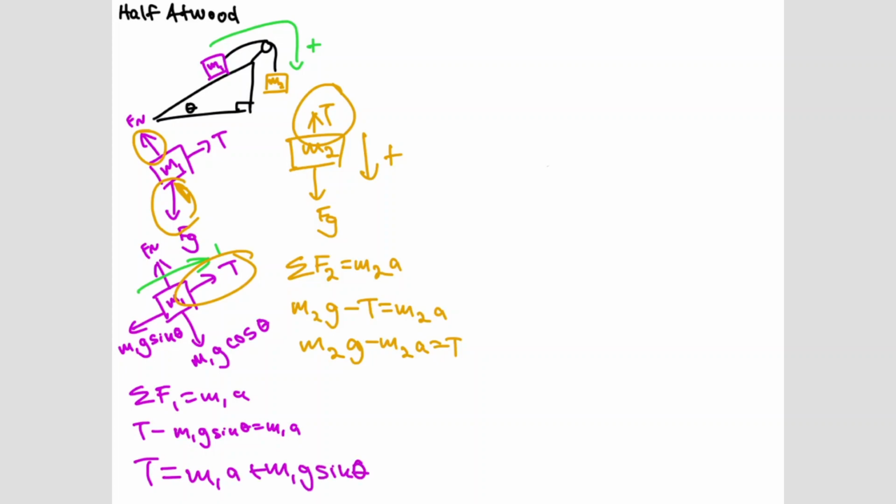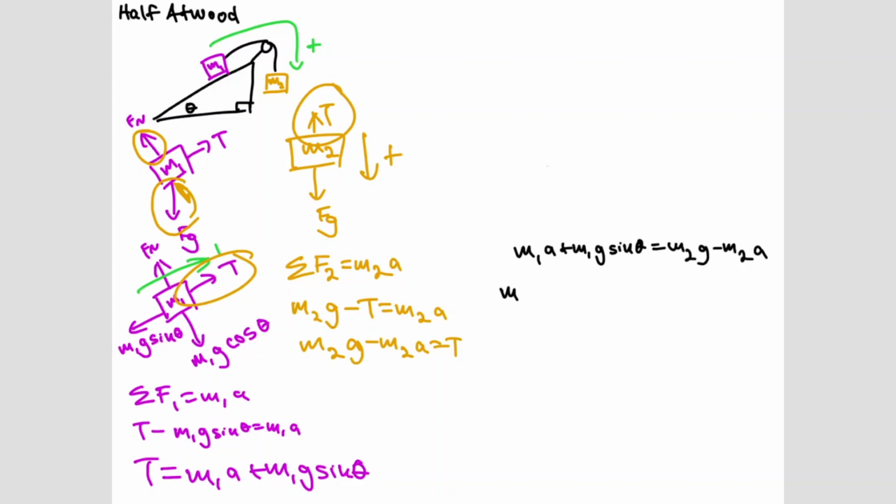Now that both of these are equal to tension, I can set them equal to each other. So m1a plus m1g sine theta is equal to m2g minus m2a. Similarly to the normal Atwood, I'm going to rearrange it so that all my a terms are on one side and all my g terms are on the other.